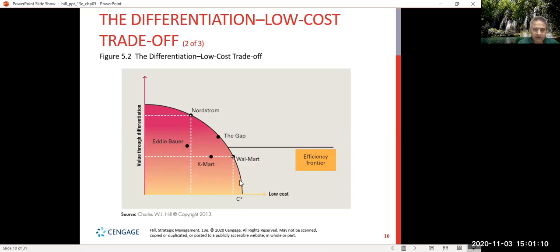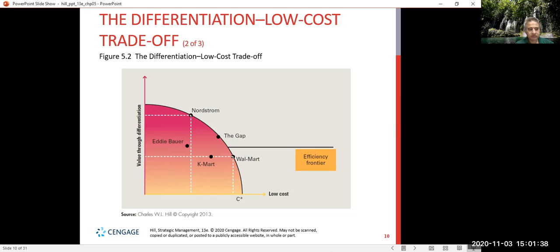Okay, so that's the differentiation low cost trade-off. There are different companies at the frontier, which is Nordstrom, the Gap, Walmart, all are American companies. So you can look into that. It has a convex shape. Different companies on the x-axis is low cost, and on the y-axis is value through differentiation.